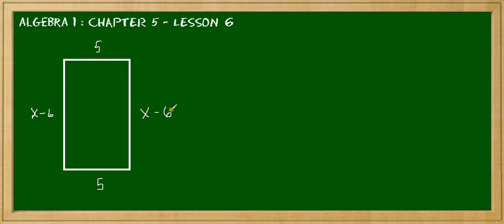Now, we're told to find the length of the rectangle if the area is equal to 3x square units. So here we're told to find area, which we know we multiply one side by the other. So in this case, we'd multiply 5 times x minus 6.